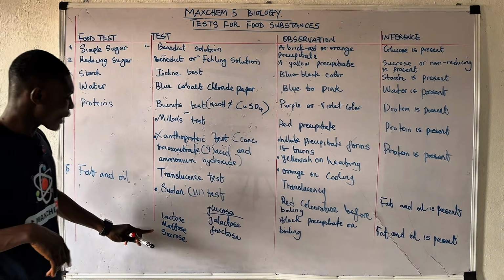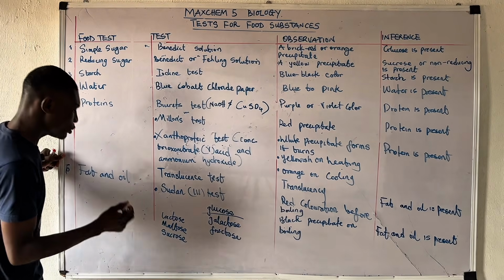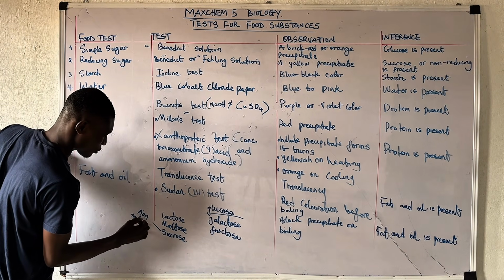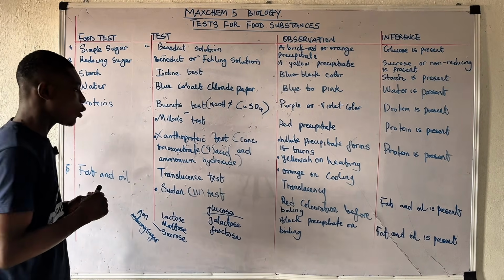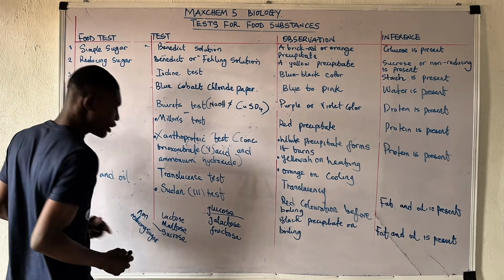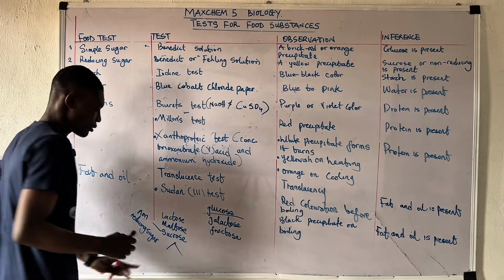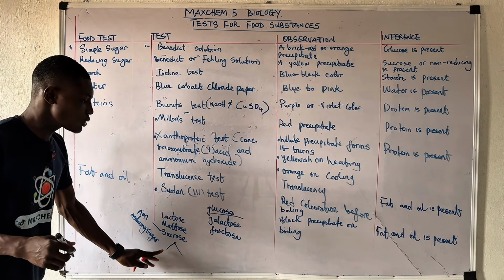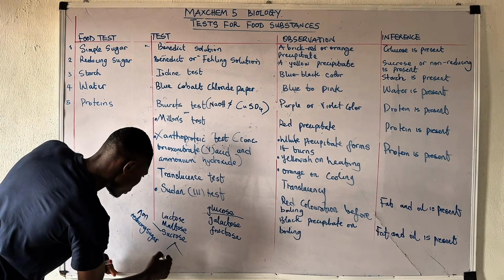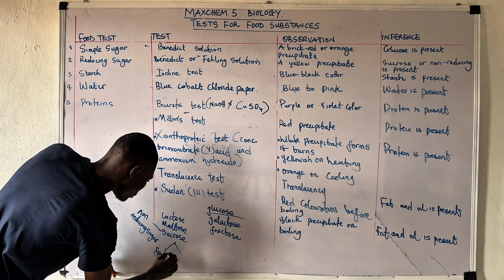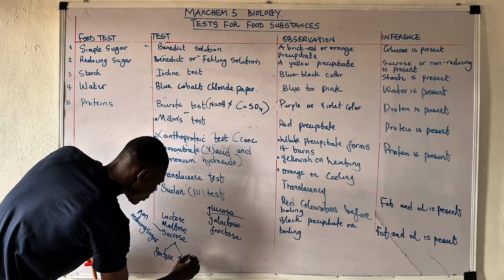Now, sucrose is actually a non-reducing sugar because it does not have free aldehyde or ketone groups in its bond. You know that sucrose is made up of 2 units of simple sugars, which are fructose and glucose.